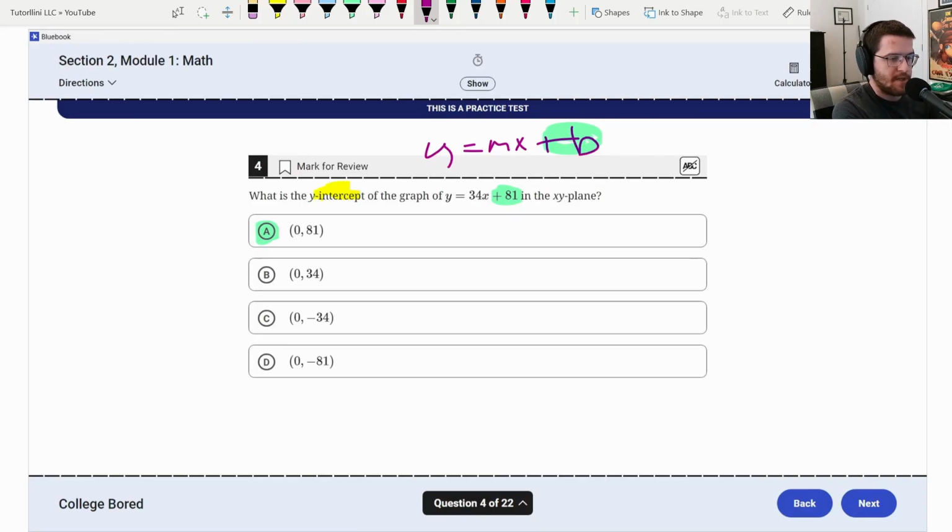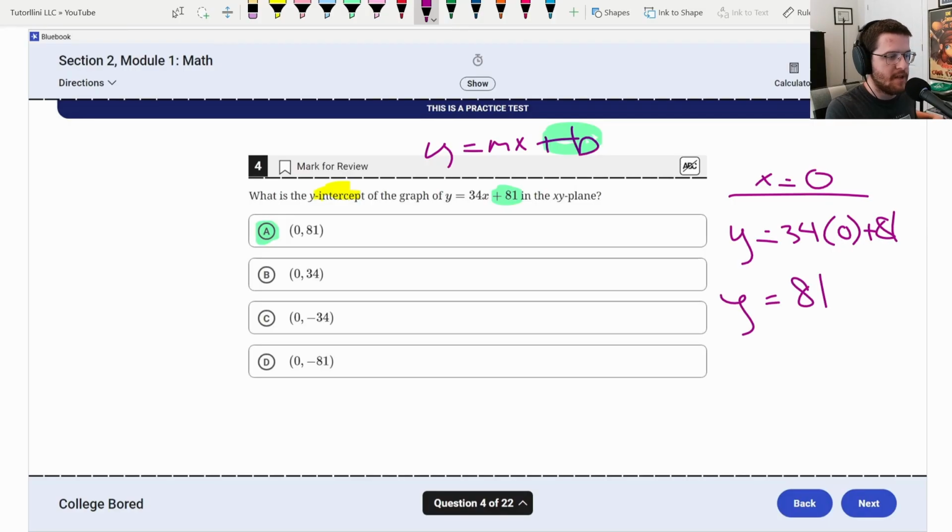So for a y-intercept, if I plug in x equals 0, I get y equals 34 times 0 plus 81, and I get y equals 81. And since x was 0, that means it's (0, 81). So to find a y-intercept, plug in x equals 0. To find an x-intercept, plug in y equals 0.